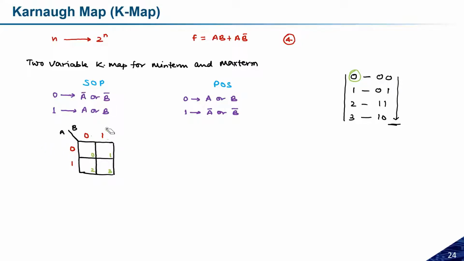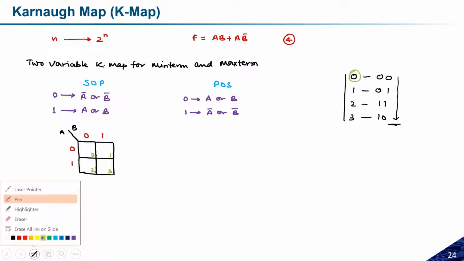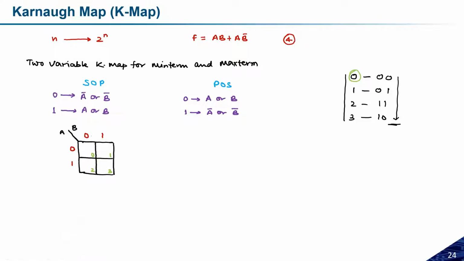Now let us see how we can do that. This is M0, the first minterm. This indicates M1, the second minterm. This is M2 and this is M3.